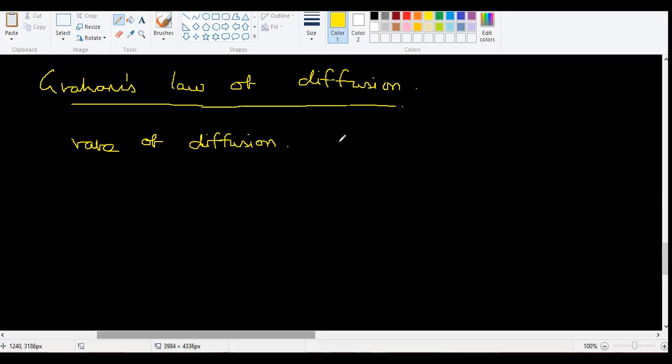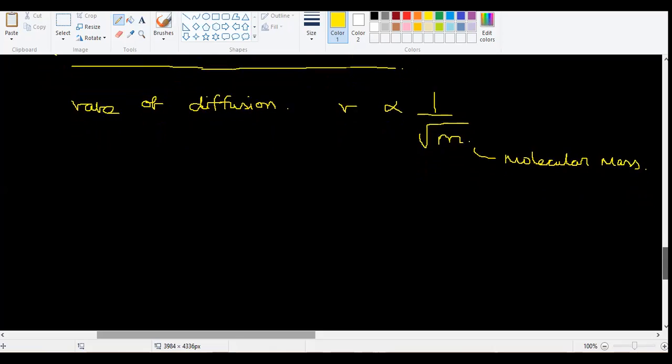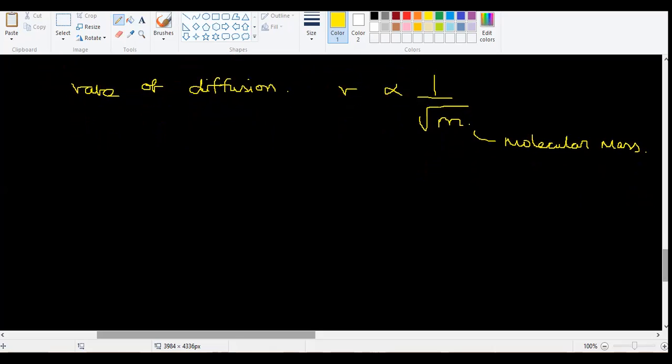Very good. So R1 by R2 is equal to root of M2 by M1. This is the law, rate of diffusion. Remember, this R is not radius. This is rate of diffusion.